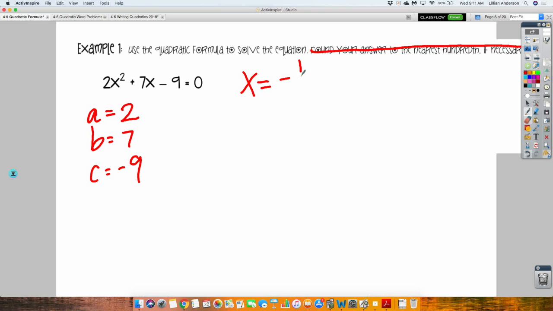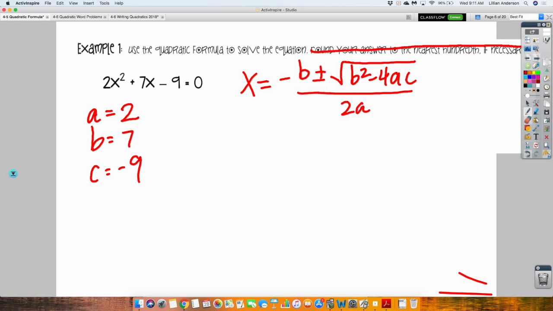Again, the quadratic formula, negative b plus or minus the square root, b squared minus 4ac all over 2a. So I can't help but to sing it when I write it. I can't help it. So you plug in b. So that's going to be a negative 7 plus or minus square root 7 squared.